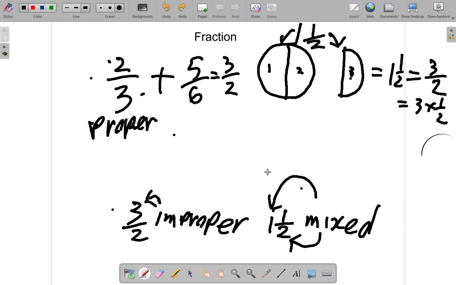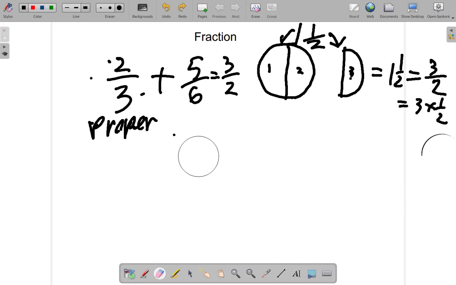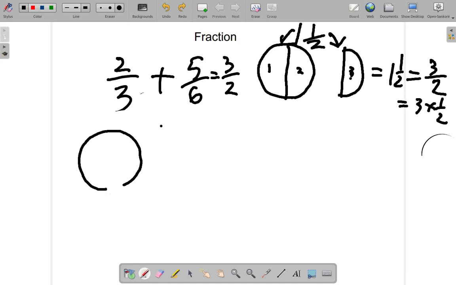Now let's look at what would happen if we try to use a diagram to add these. Alright, 2/3. If we have one whole circle and we have thirds, and we are interested in this third and this third, that's 2 of the thirds so far.